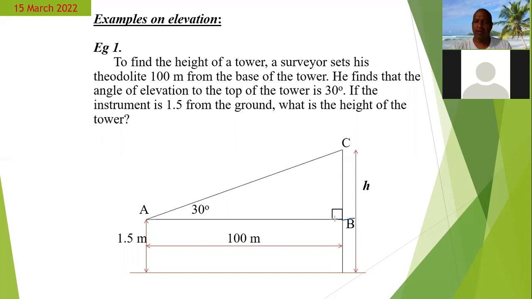From this base, you want to find the height to the top of the triangle. So you're saying we need to find this height. Yes, sir. And you're going to add 1.5 meters. All right, so what can we do to find that height?